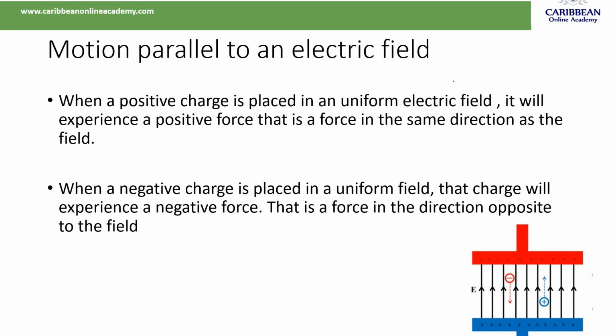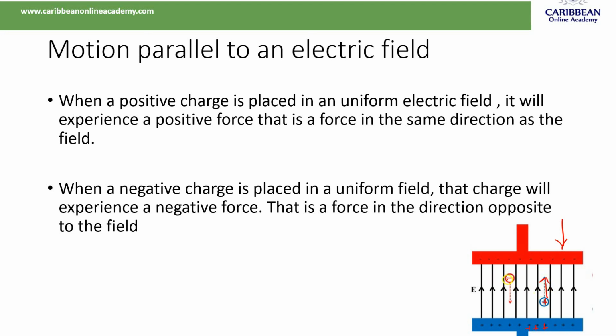I'll explain what a positive force is, using this particular diagram. Because we have positives on this side and you have a positive charge here, it will experience a positive force because it is moving towards the negative plate. Based on this diagram, it's moving upwards, which determines that it is going to have a positive force.